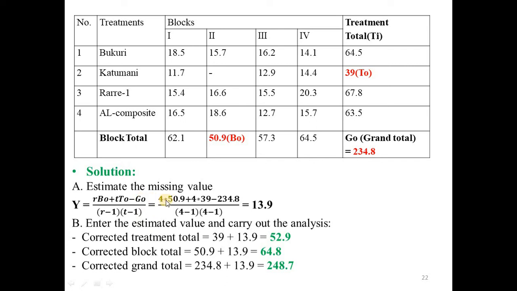So if we substitute all the values, R is 4, that means replication 1, 2, 3, and 4, times B0, which is the block total with the missing value, plus 4, the number of treatments, times T0, the treatment 2 total with the missing value, and subtract the grand total with missing value.